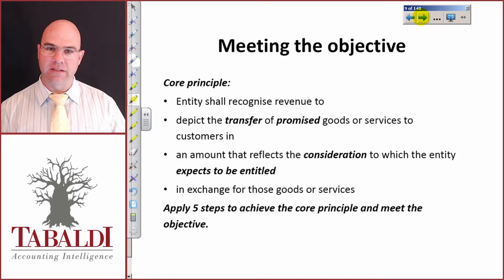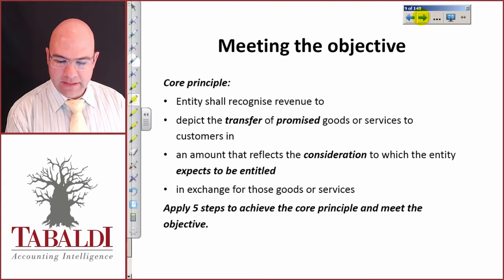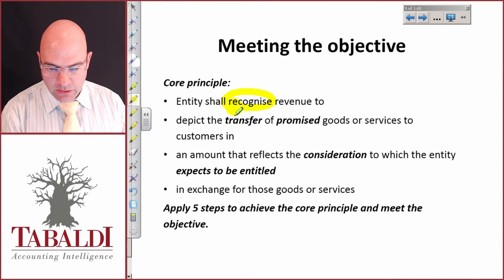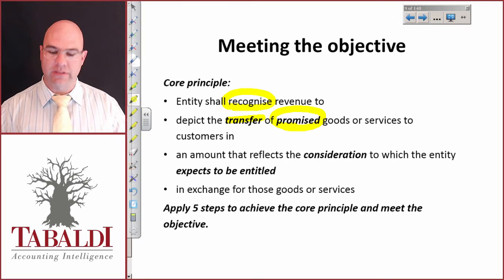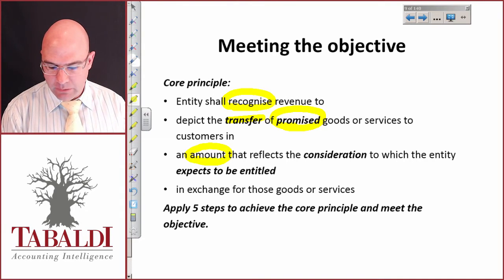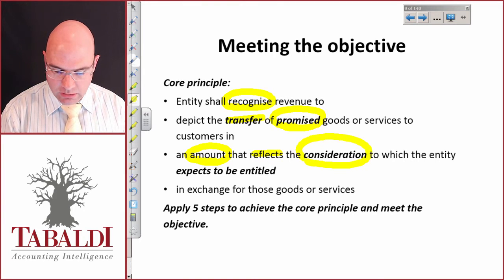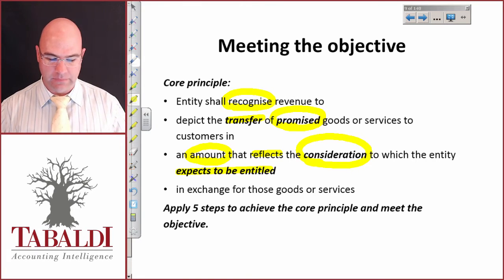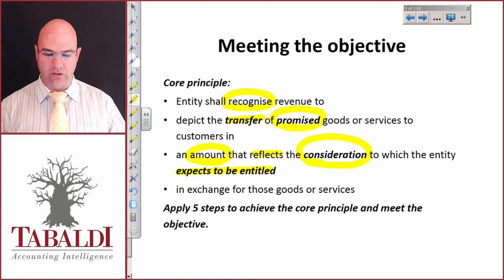So meeting the objective, we have a core principle. The entity shall recognize revenue to depict the transfer of promised goods or services to customers in an amount that reflects the consideration to which the entity expects to be entitled in exchange for those goods or services.